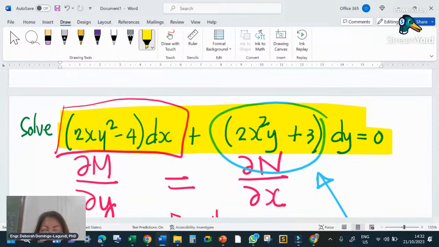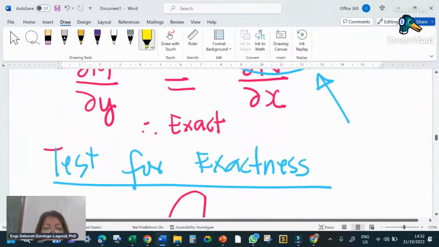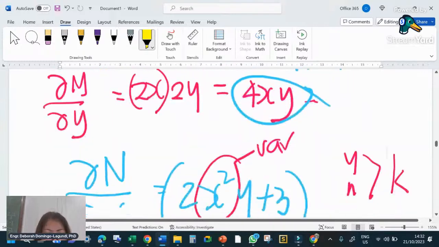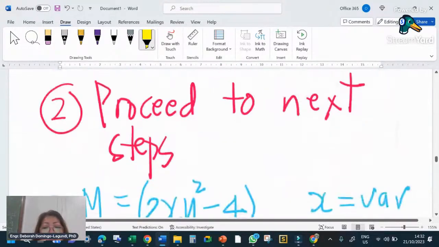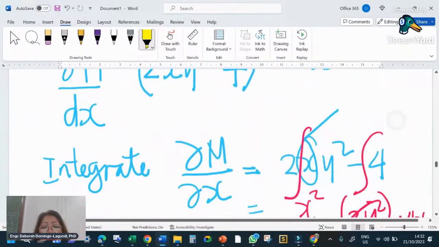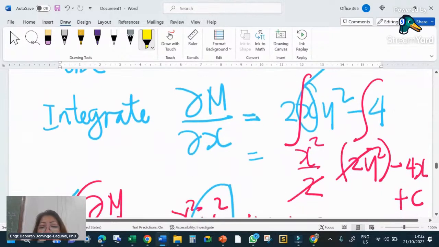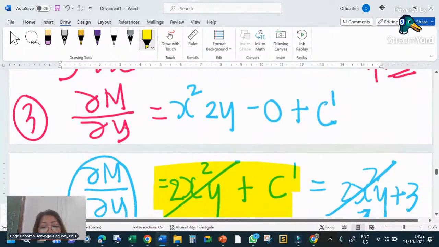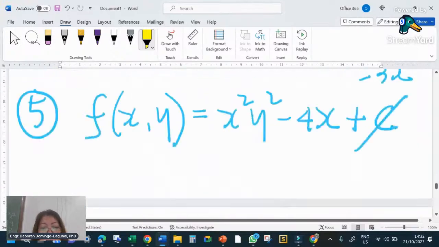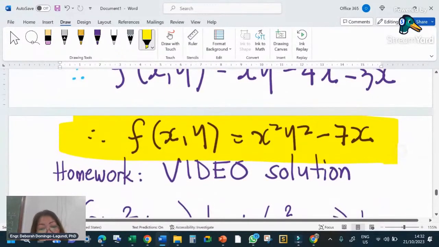There is differential calculus here because you have to determine the partial derivative, and then you have to integrate to get the c, and then you have to differentiate again to get c prime, and then you will write the final equation as so. And what is it? I hope you have followed it through. And this is it. That's the answer.